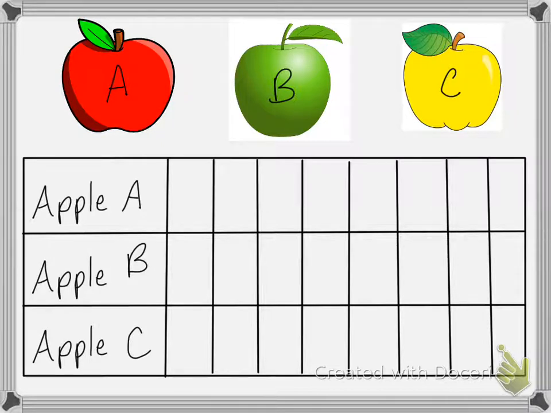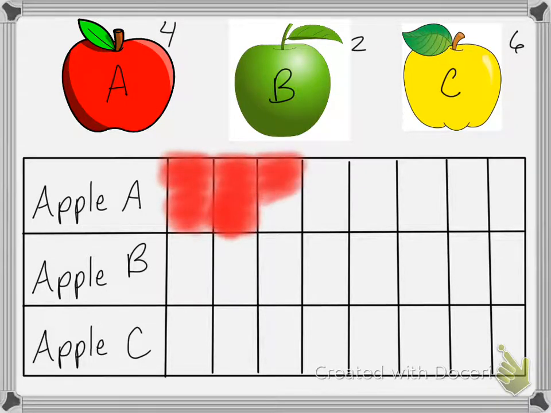So let's say 4 people liked apple A. Let's say that 2 people liked apple B, and that 6 people liked apple C. So let's fill in my graph. Remember, I fill in 1 box for every person who likes the apple. Since 4 people liked apple A, I would fill in 4 boxes: 1, 2, 3, 4.